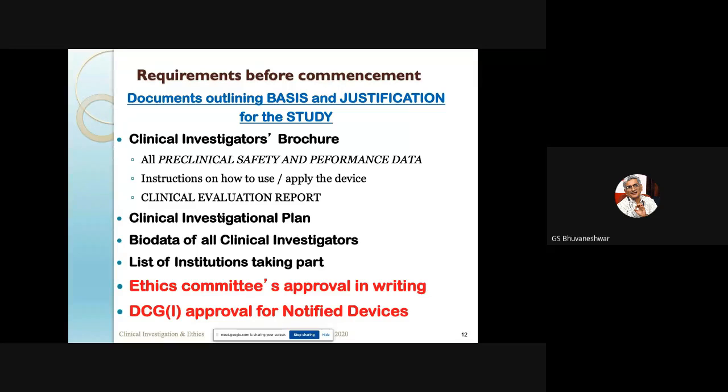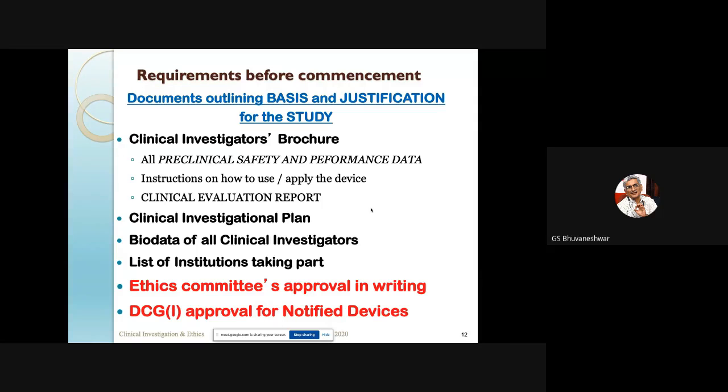Then comes the clinical investigational plan. The statistics is generally based on your analysis as part of your clinical evaluation report, where you roughly estimate the incidence of the various problems and adverse events, and how many numbers are required to demonstrate the effectiveness of your product.